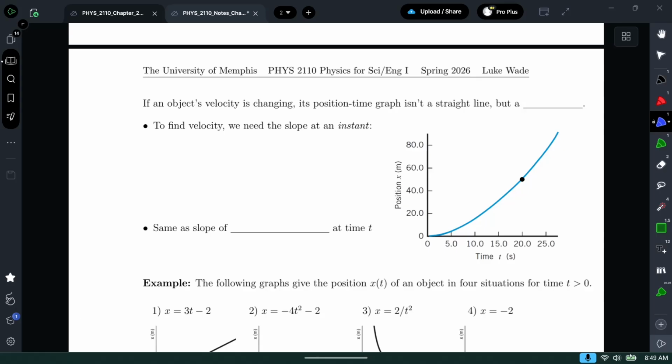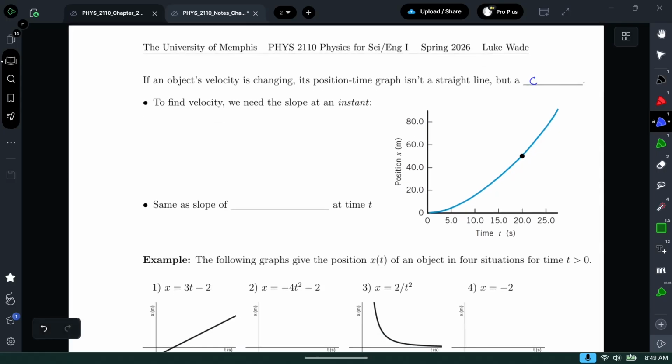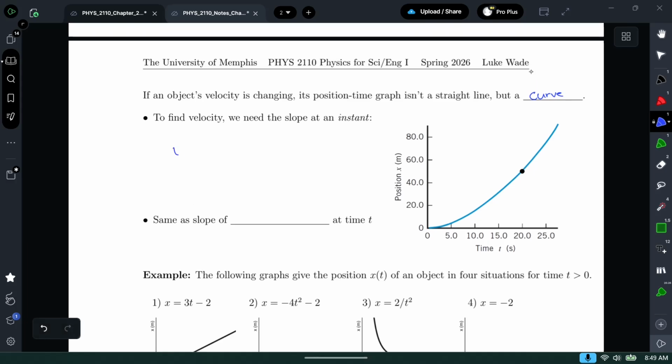Okay, if we want to find that on a position time graph, well, that graph is now going to be curved because I'm covering different amounts of distance from one moment to the next. And so, to find the velocity on a curve, it's still that process of finding the slope, just like we were doing.